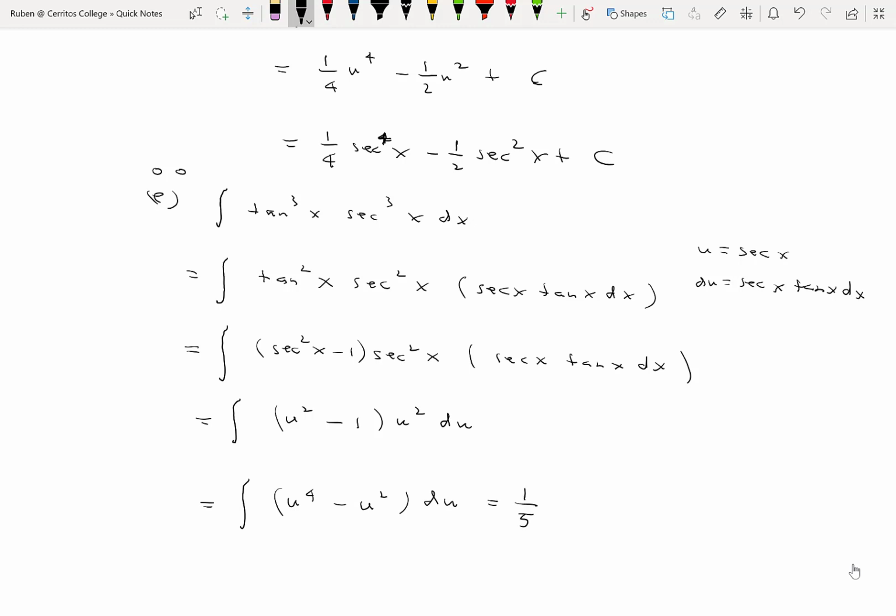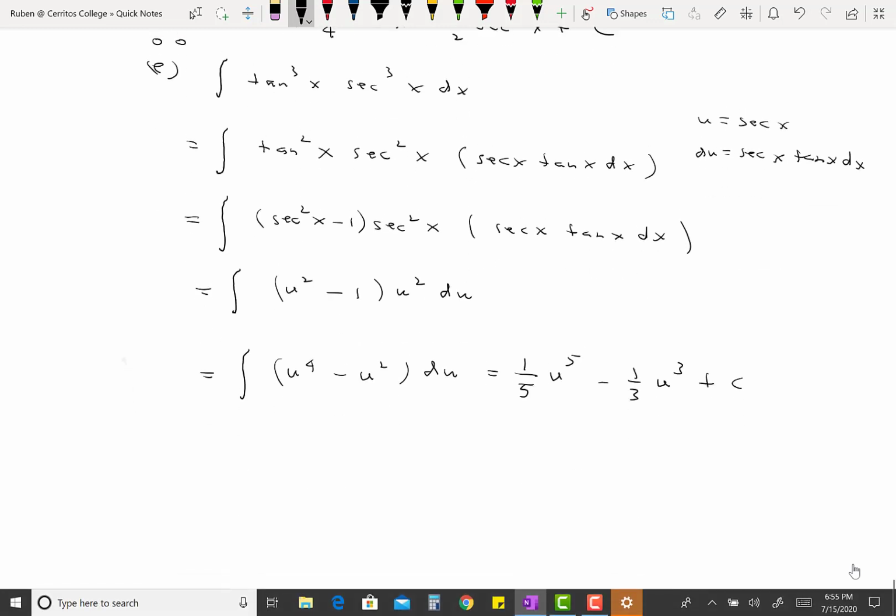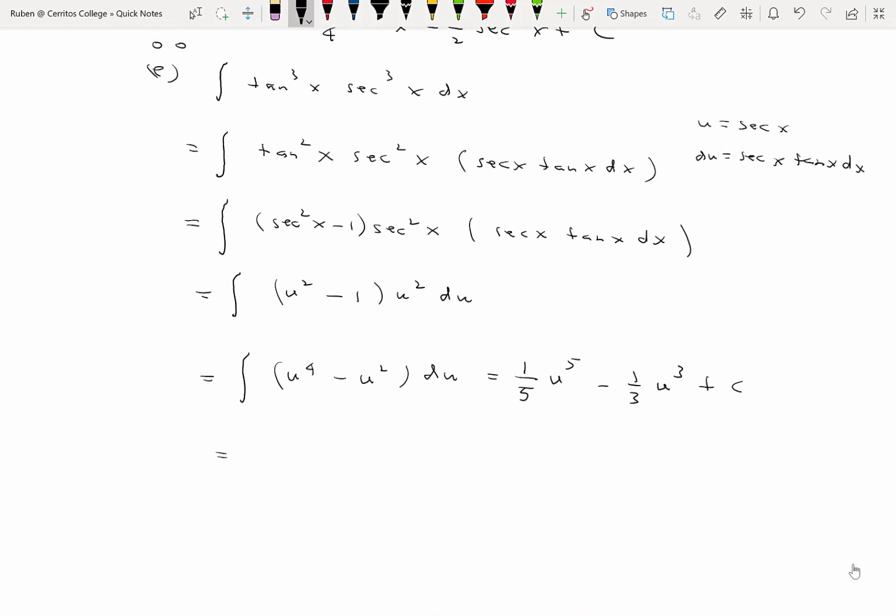So this is 1/5 u to the 5th minus 1/3 u cubed. U is equal to secant x, so we finish this off. This is 1/5 secant to the 5th x minus 1/3 secant to the 3rd x plus a constant. Okay.